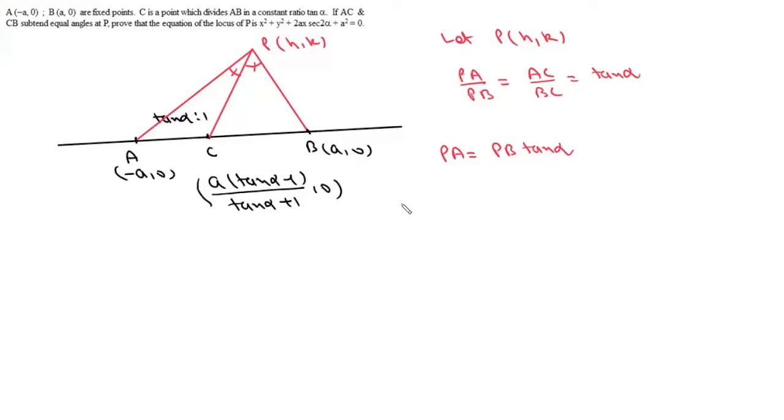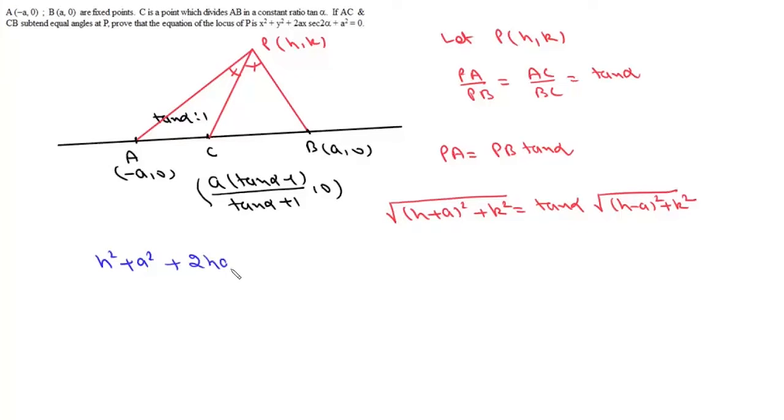Now the distance of P from A is the square root of (h plus a) whole square plus k square, and this is equal to tan alpha times the square root of (h minus a) whole square plus k square. Now we can square it. Then we can write this as h square plus a square plus 2ha plus k square, and it will be equal to h square plus a square minus 2ah plus k square, into tan square alpha.